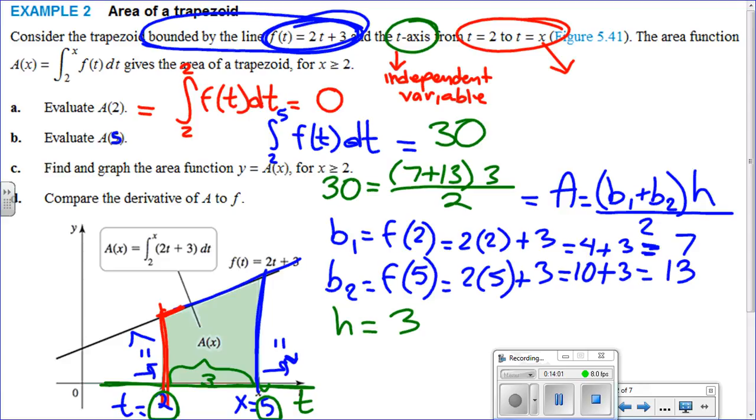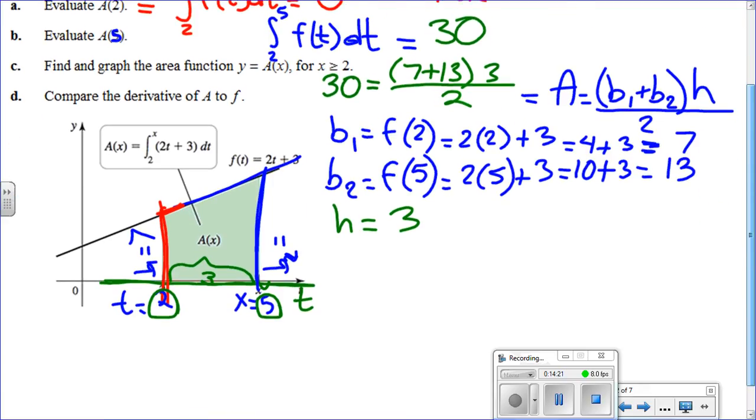Now find and graph the area function. Okay. So what we're going to do is for all x greater or equal to 2. So let's see.